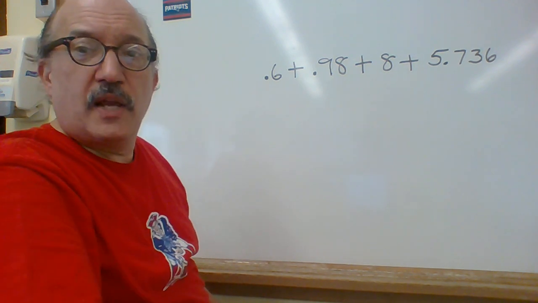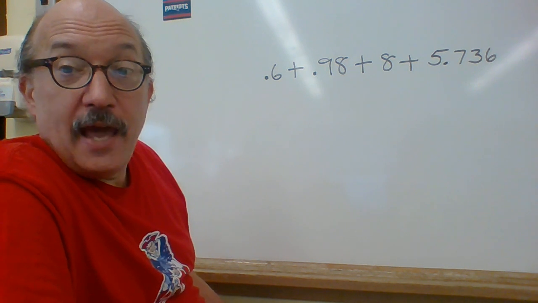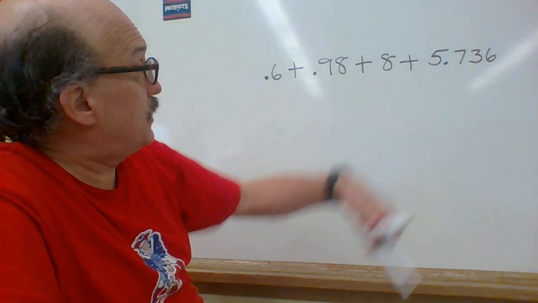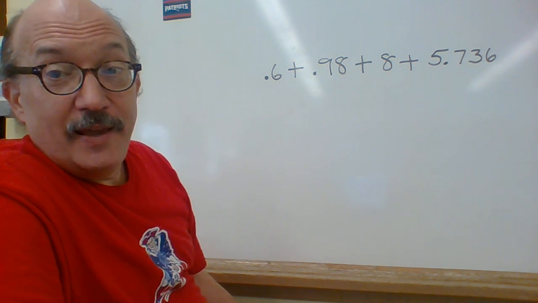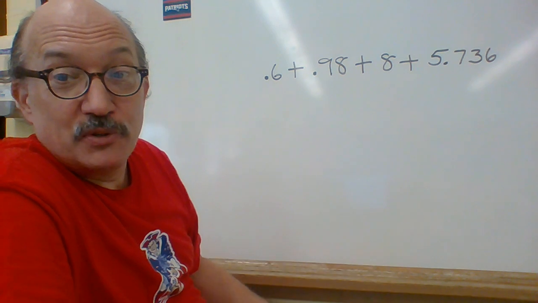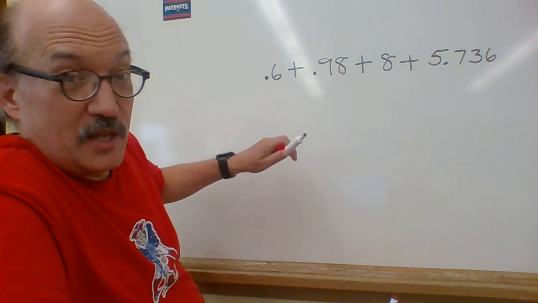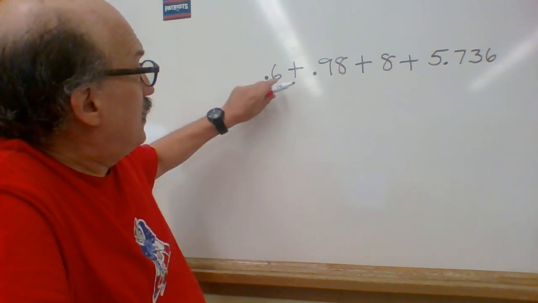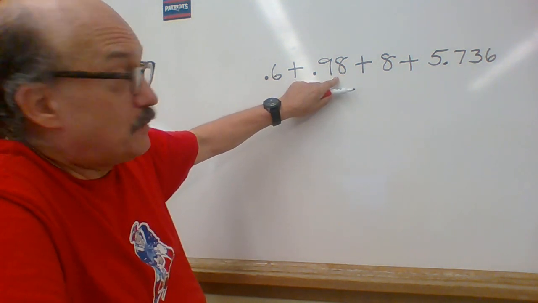In 6th grade, when I'm testing whether my students can add decimal numbers, I like to do something like this. Adding 4 numbers, and they have various numbers of places to the right of the decimal point. And I do that on purpose, to make sure students can handle that. 1 digit to the right of the decimal point here, 2 digits to the right of the decimal point.